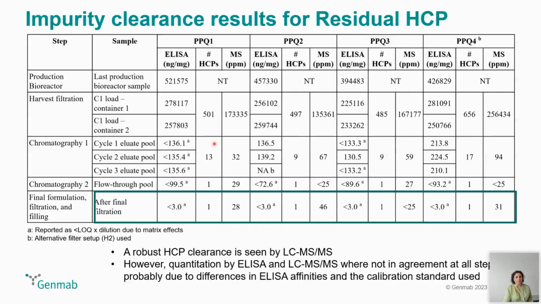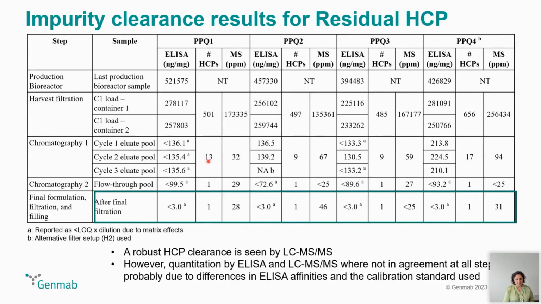Another thing when comparing ELISA and LC-MS is that at some point with ELISA we cannot detect any more HCPs. They are normally reported below the LOQ because of the dilution linearity problem.